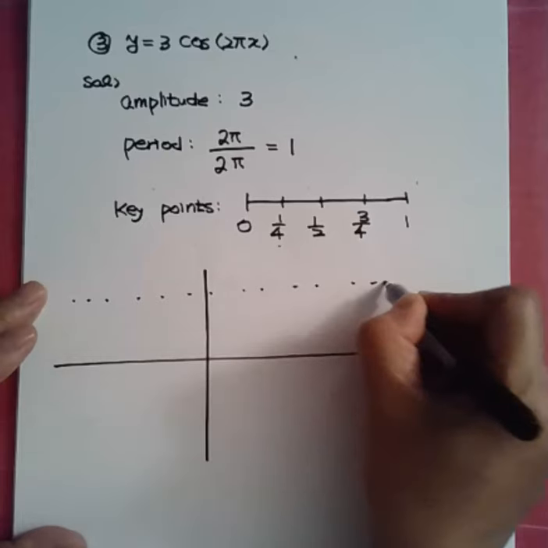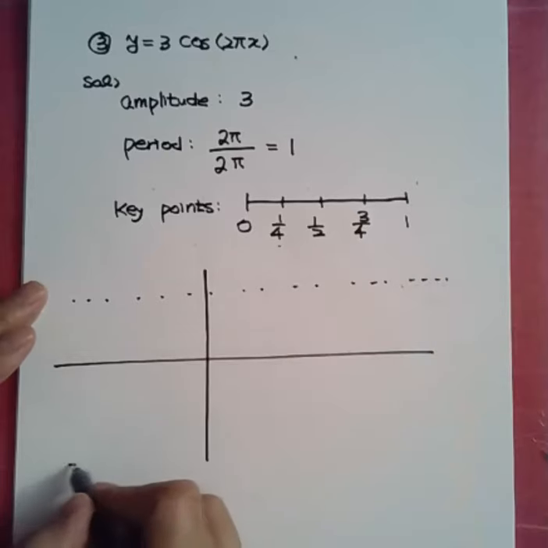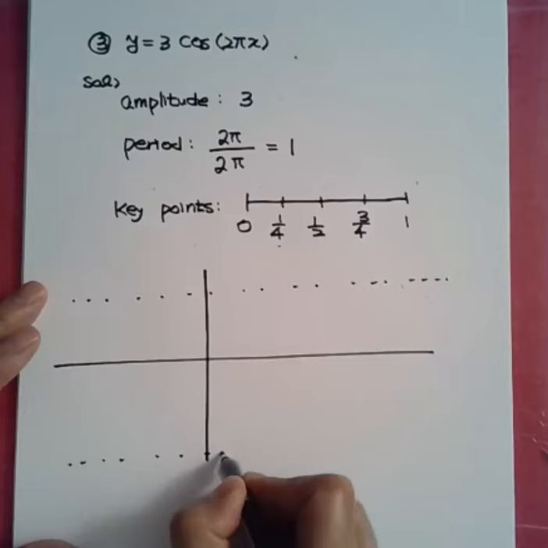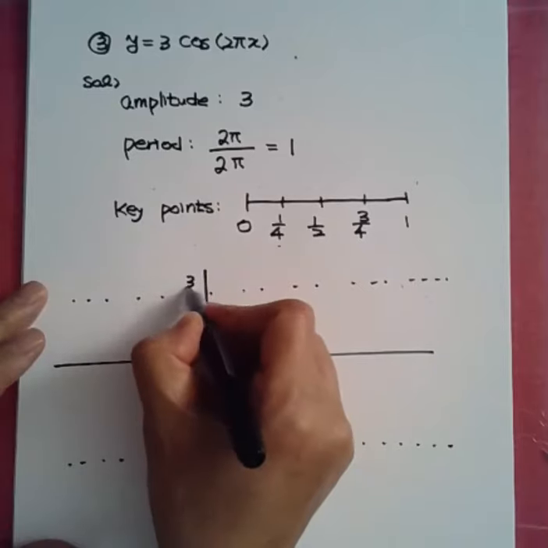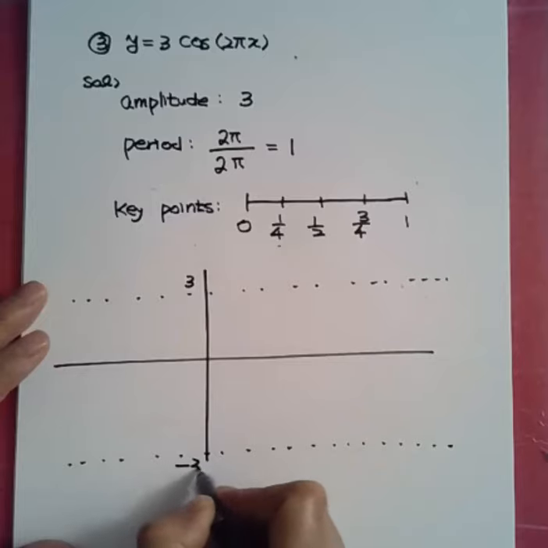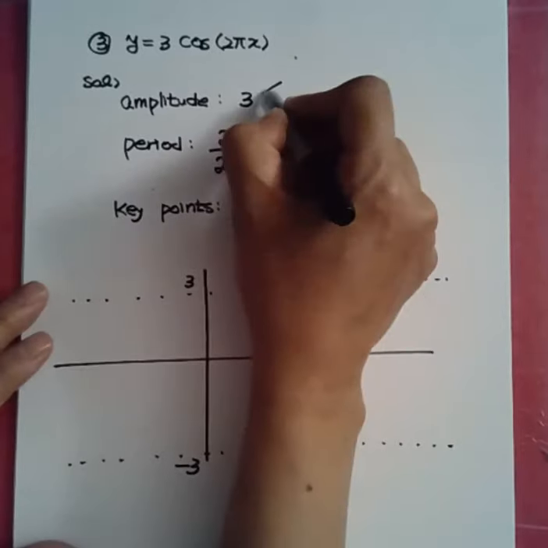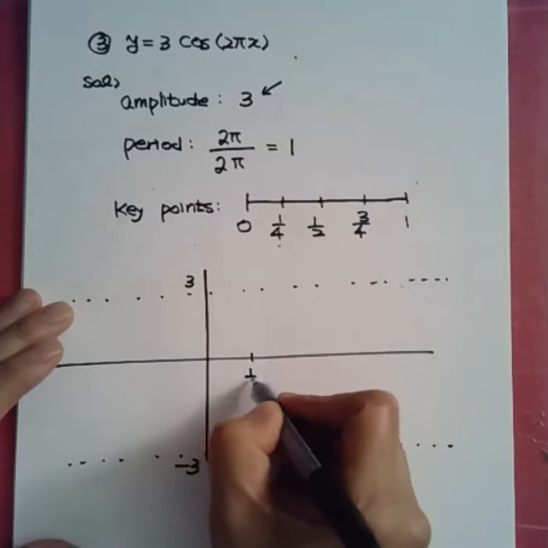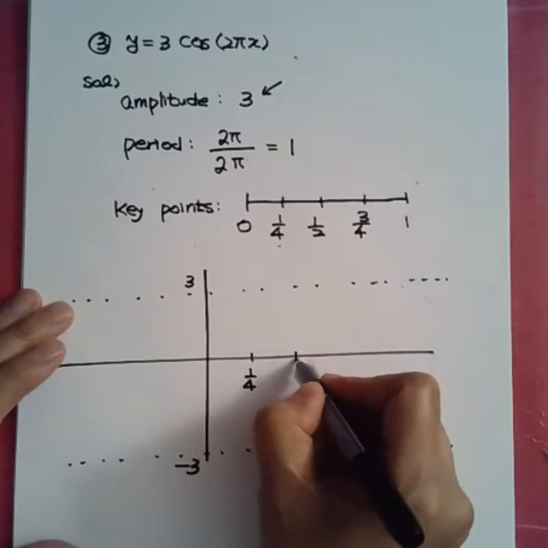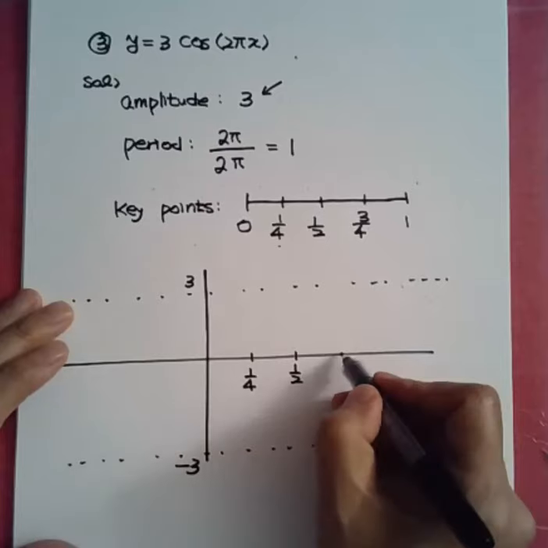There is a vertical stretch. Maximum is 3 and minimum is -3 because of this amplitude. Let's mark the benchmark key points.